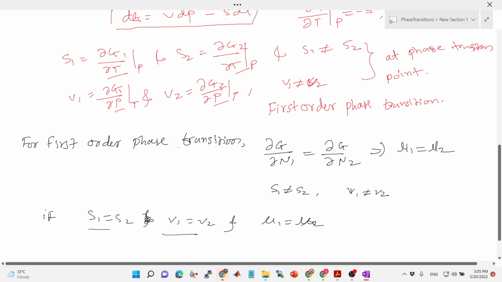G is continuous with respect to T and G is continuous with respect to P. So that means the first order derivative of G is continuous.